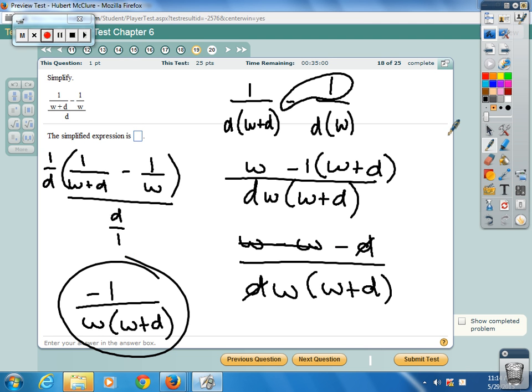Chances are they will probably want the negative out front. Negative, and then I'm going to do fraction and put 1 over, and I'm going to say W times W plus D.